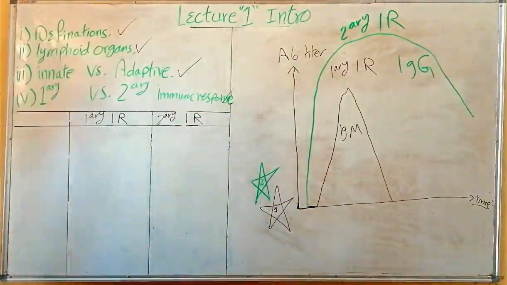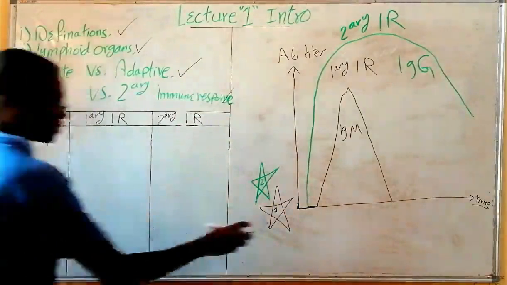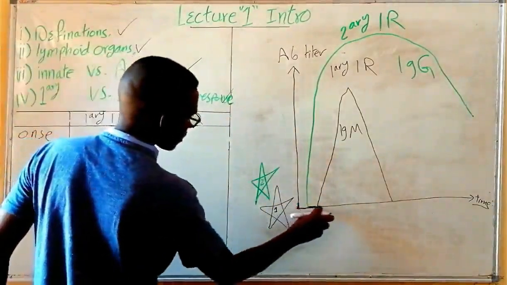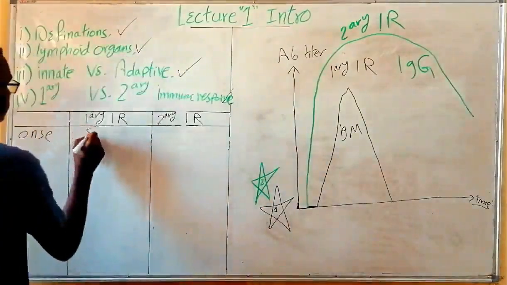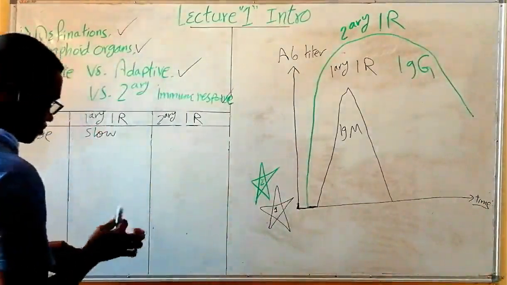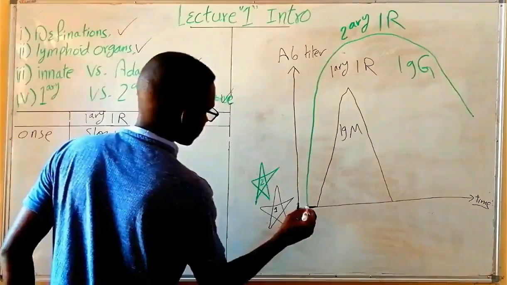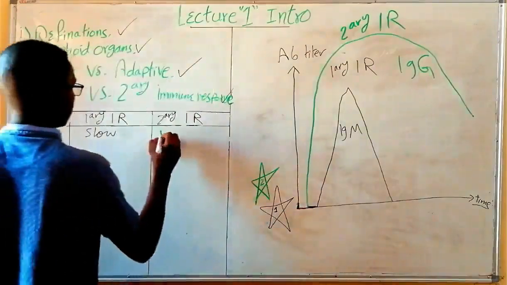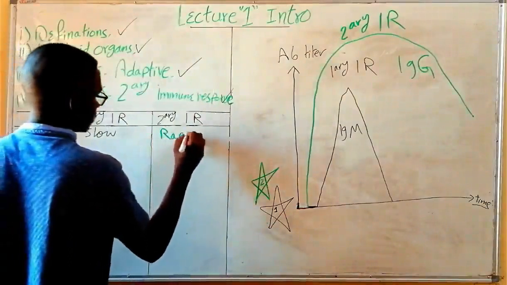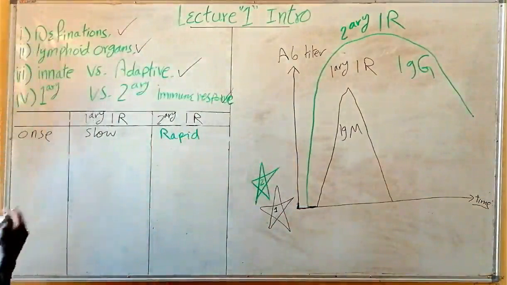So onset: primary, slow. What about the secondary? Relatively rapid. Good.